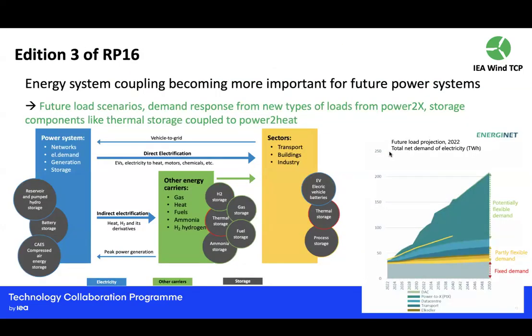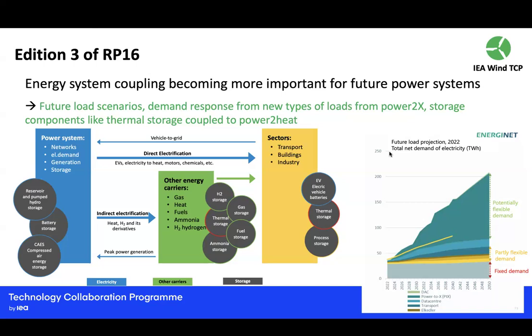So I have a couple of slides on what has changed in 5 years. I think it's about 6 years since we made the last edition. We did mention energy system coupling already then, but just very lightly. And now it's quite in the center of things. When you start simulating your future power system, you need to have links to other system couplings.